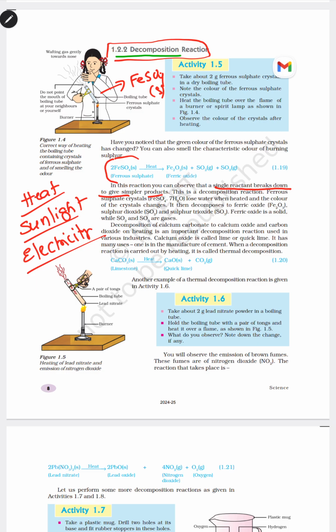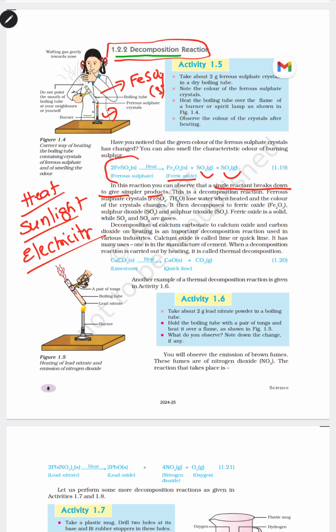So now what you are doing, you are giving the heat energy. Heat is given using the flame or burner that you are using here. Heat is supplied, and after heating, what is going to happen? If you observe here, ferric oxide is getting formed, and SO2 gas is getting released, sulfur dioxide, and SO3 in gaseous form.